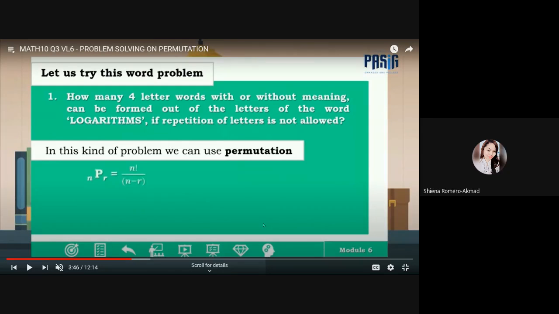And as you can see sa word na logarithms, wala namang letter na naulit, kaya okay lang. And magpo-form tayo ng four-letter word lang.